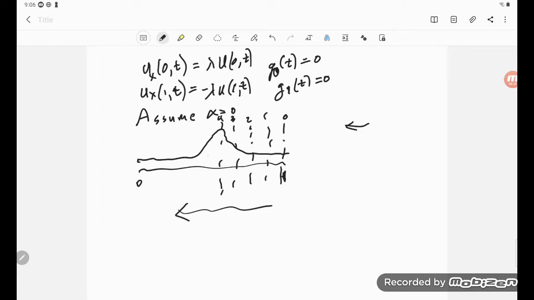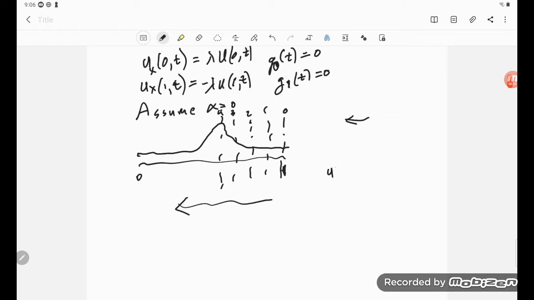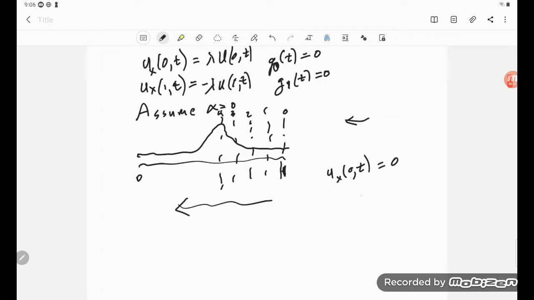So, under this condition, u of x 0 t would just be 0 all the time. Okay, but notice here, we would definitely have some u sub x.